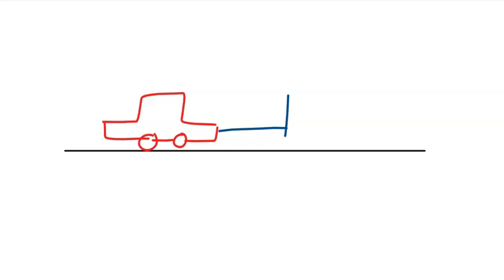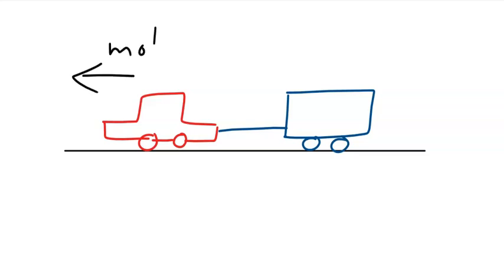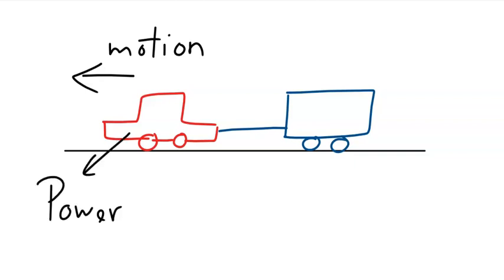Another illustration of the concept of power is, let's say, a truck towing a trailer. So that is the trailer. So the direction of motion is, of course, like that. So this car or this truck is towing this trailer.